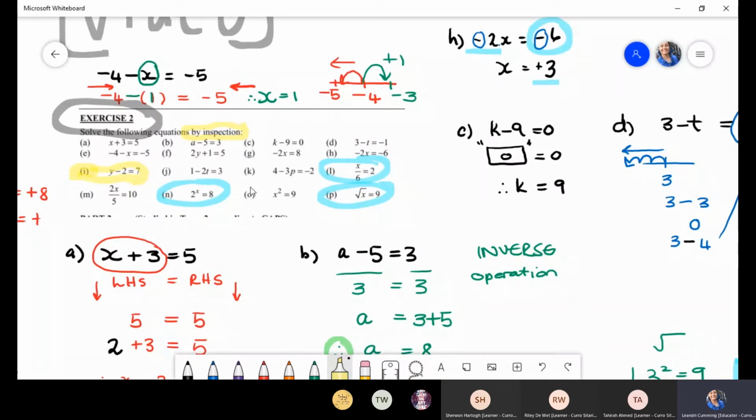Now, I highlighted these ones in blue, where I just wanted you to watch out for either the division or a power of x. And when we work with the power of x, it is important that we also change our concept of 2 times 2 to 2 to the power of 2. 2 times 3 is not the same as 2 to the power of 3.